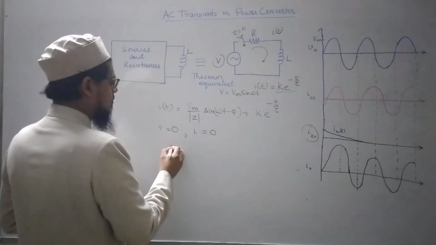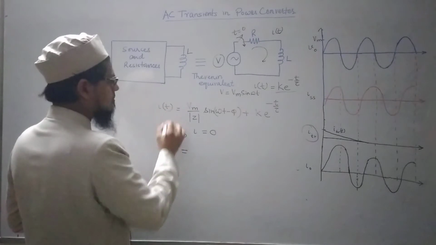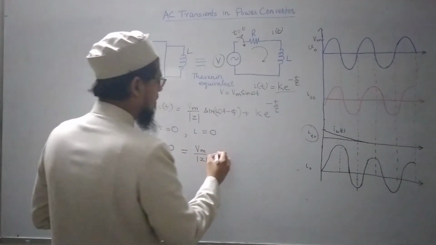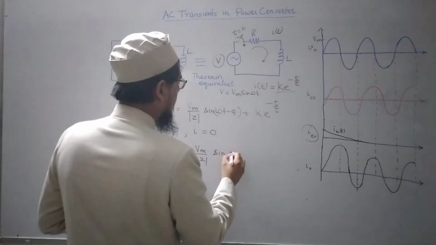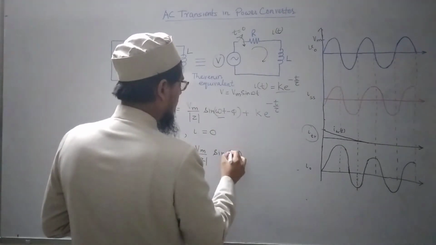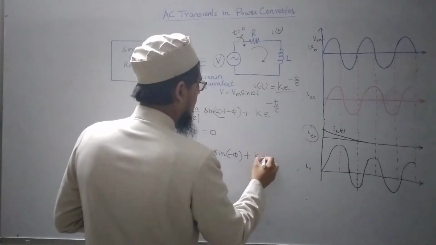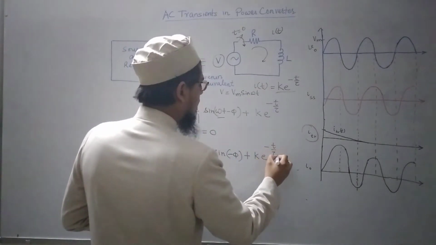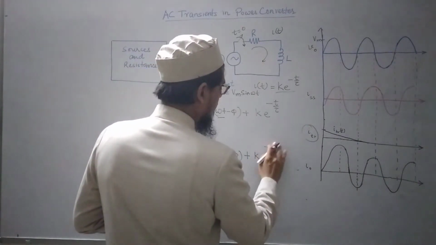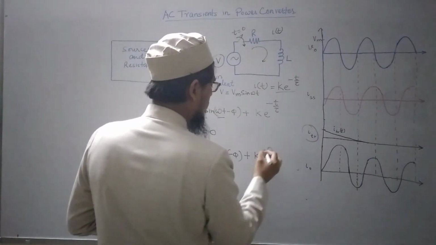If that is the case, then if I put this I equal to 0 at the time t equal to 0, this becomes 0 equals Vm by Z, and this sine omega t becomes 0, so this is minus phi plus k e to the power minus t by tau. And again this t is 0 here, so basically this is e to the power 0.